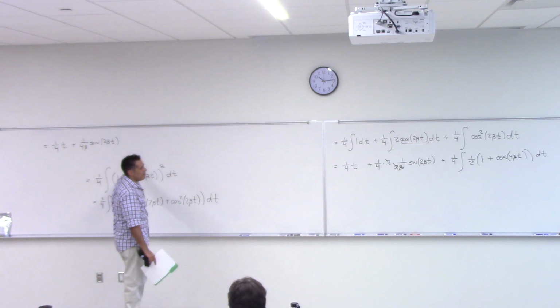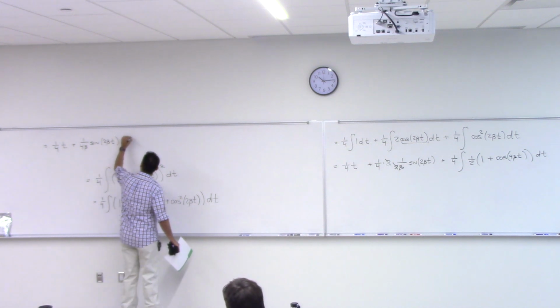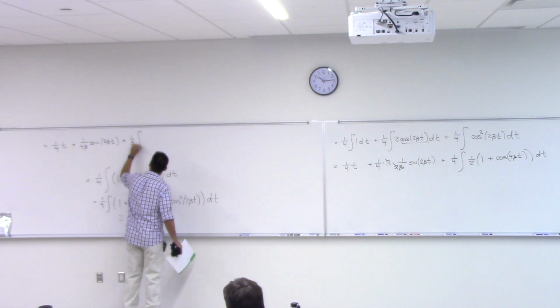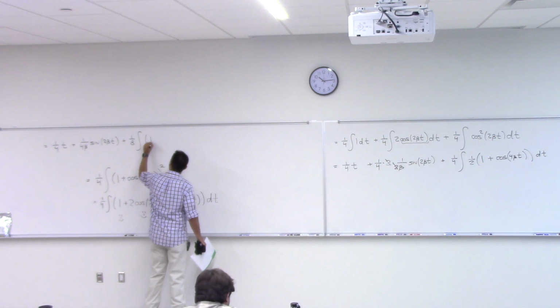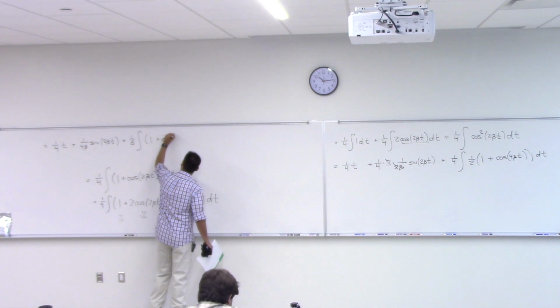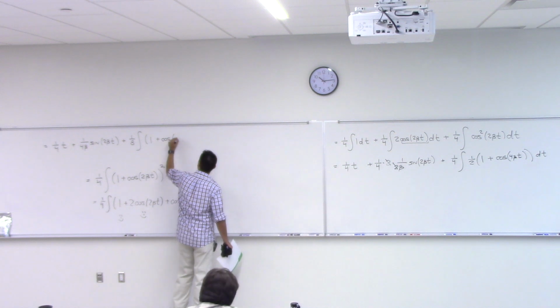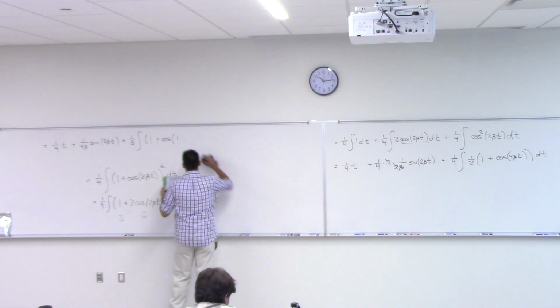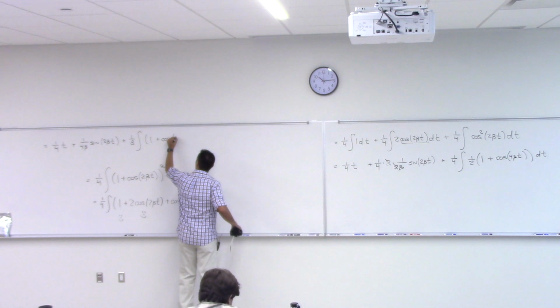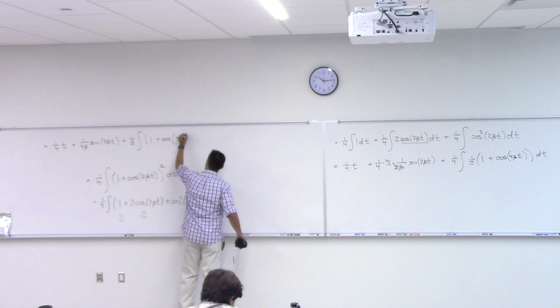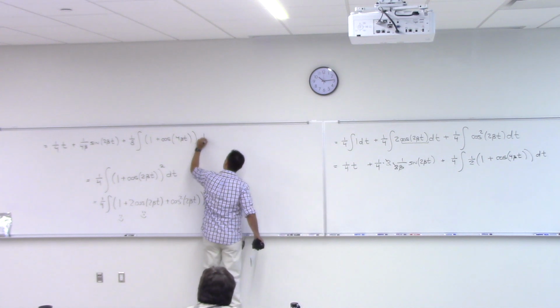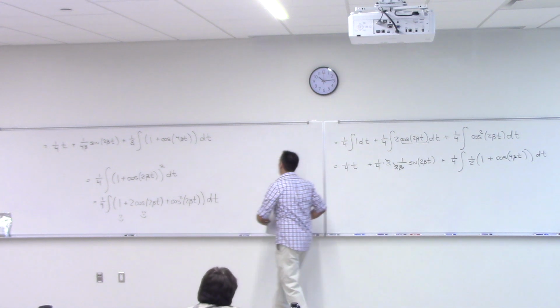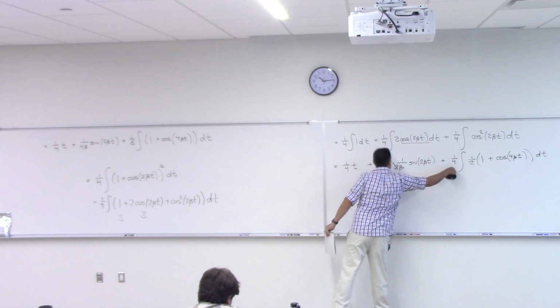And then I have plus 1/8, pulling out the 1/2. And then in here, I'm going to have 1 plus cosine of 4 beta t dt.